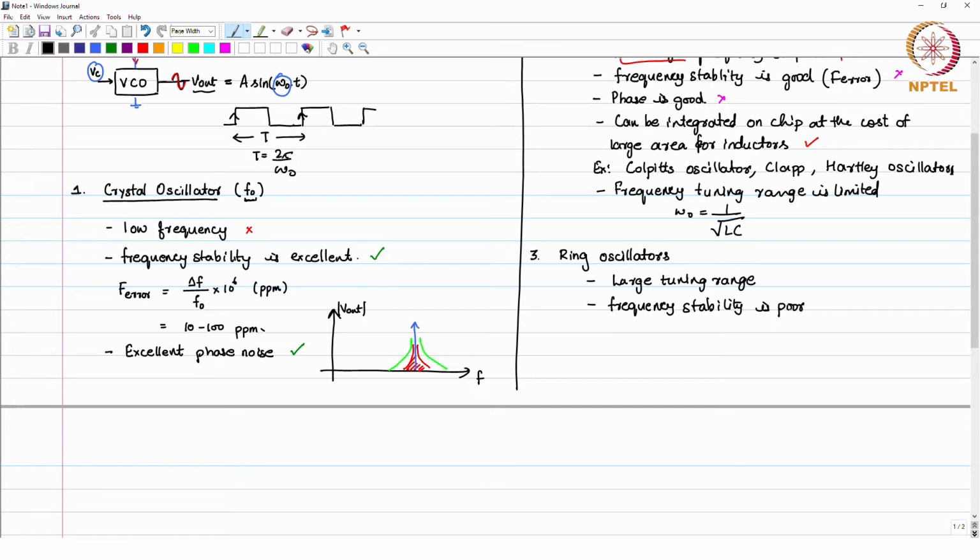So, frequency stability is poor, phase noise is also poor. So, a lot of phase noise. Standalone ring oscillators may have a lot of phase noise. Okay. You can easily integrate it on chip.